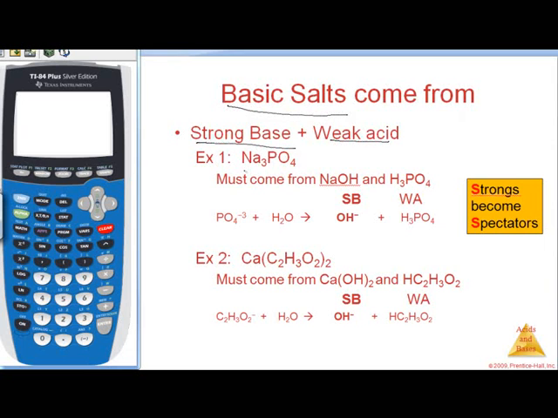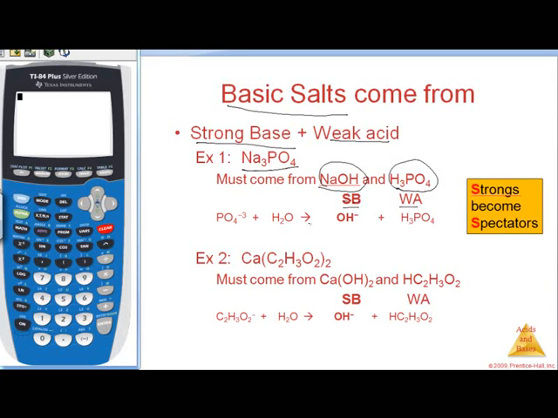So this is an example of a basic salt. When we look at that, we can figure out what acid and what base produce this. So the sodium must have come from sodium hydroxide, which we know is a strong base. And the phosphate ion must have come from phosphoric acid, which we know is a weak acid. And because the base is strong and the acid is weak, we end up with a basic salt.